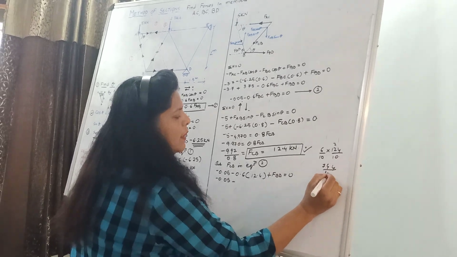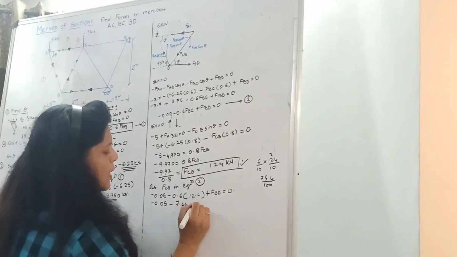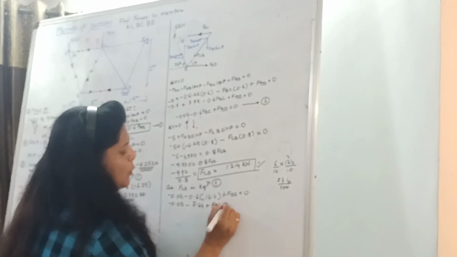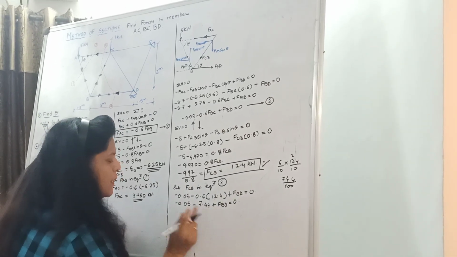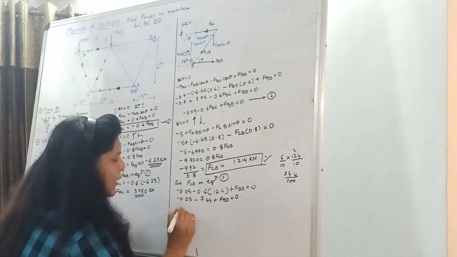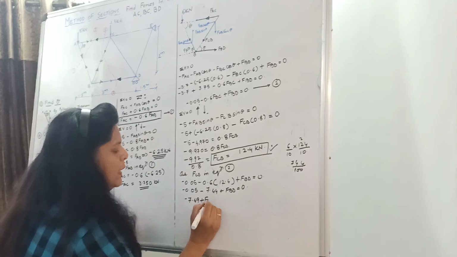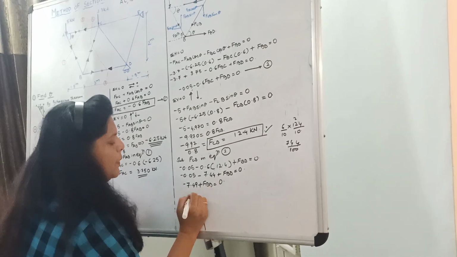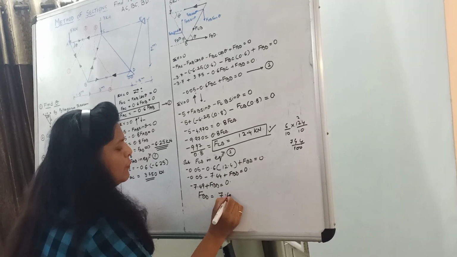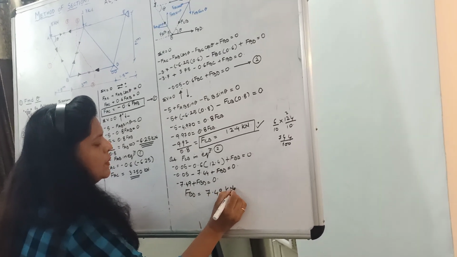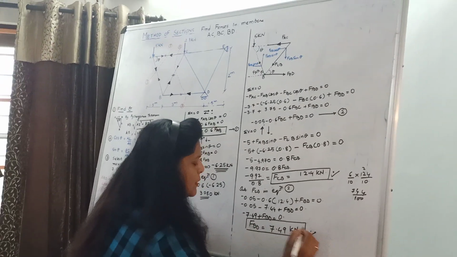Okay. Divided by 100. So we get it as 7.44 plus FBD is equal to 0. Okay. So minus it becomes plus. So minus 7.49 plus FBD is equal to 0. So FBD comes out to be 7.49 kilonewtons. Okay, so this is our answer.